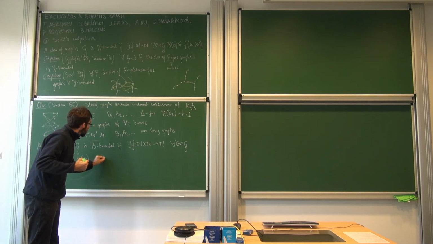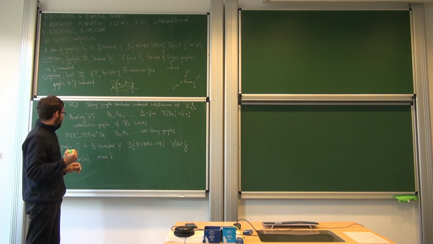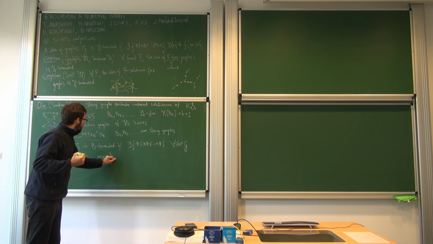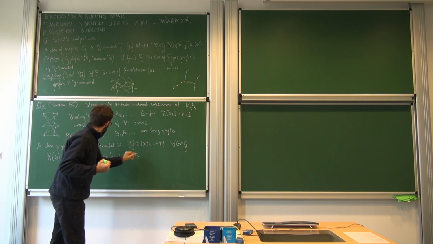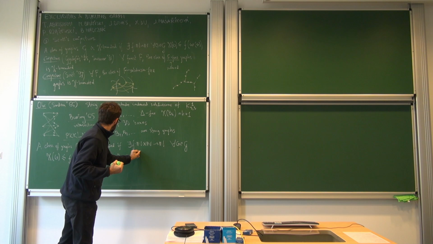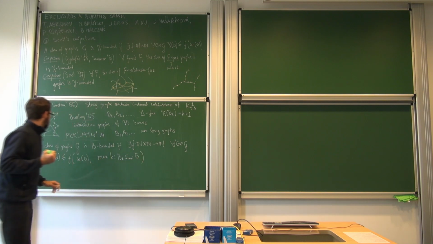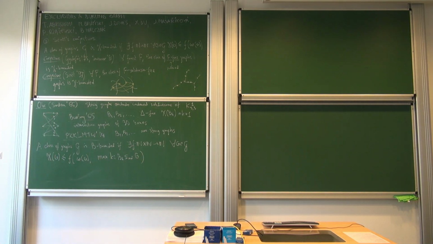Okay, so we take the maximum k with the property that B_k is an induced subgraph of G. Okay.